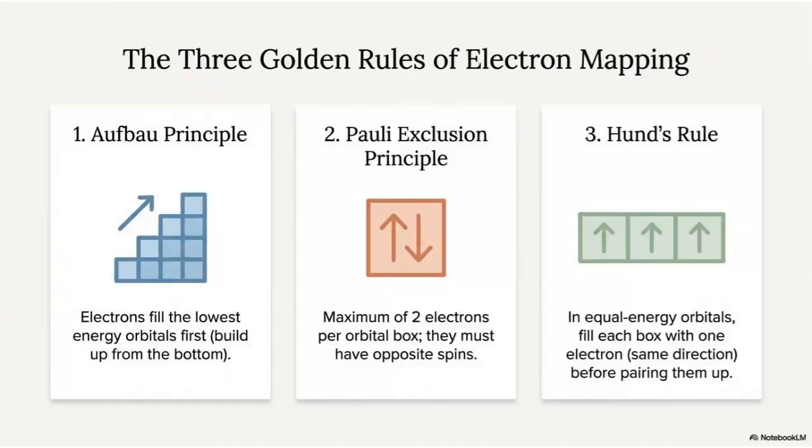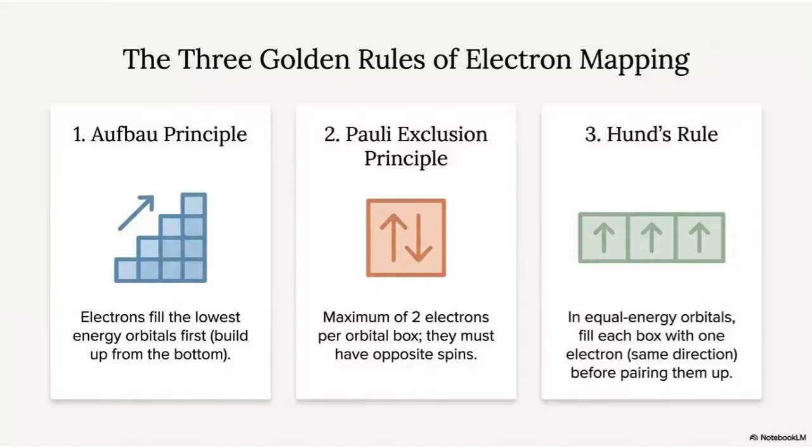Then you have this Pauli exclusion principle. You have 2 electrons per orbital or sublevel. They must have opposite spins. We'll revisit that statement soon. And then we have Hund's rule.